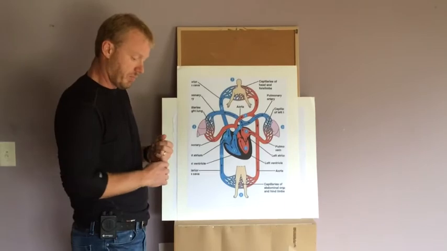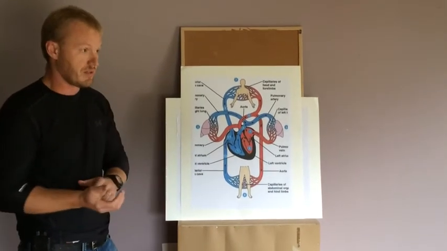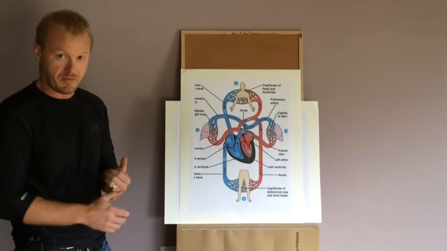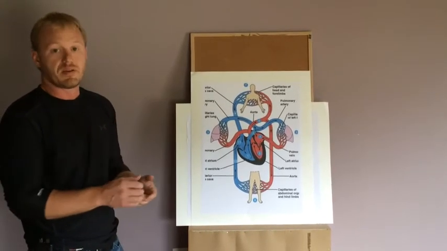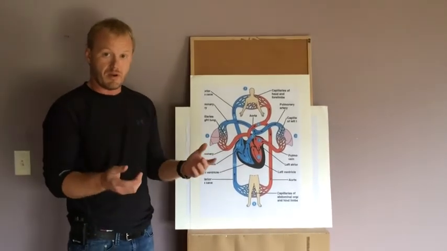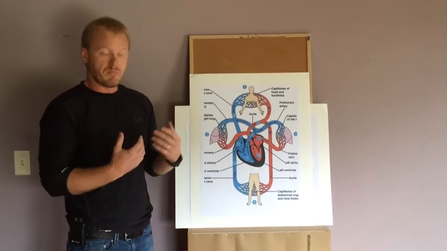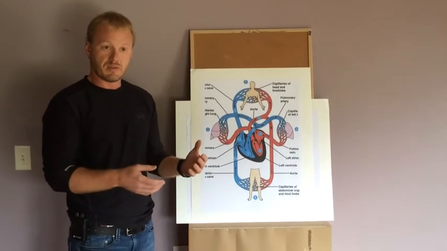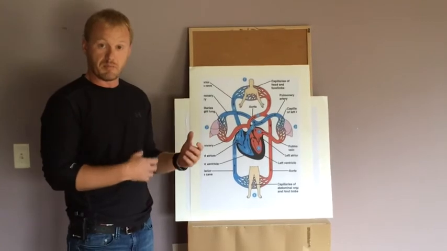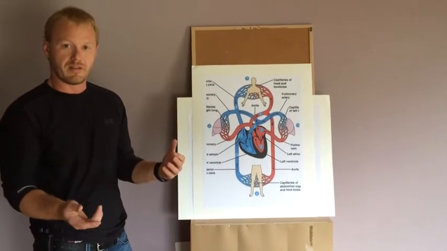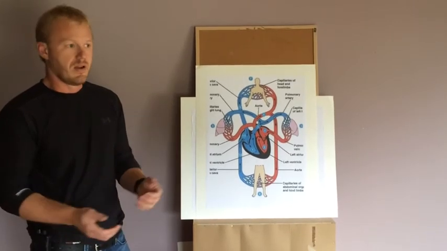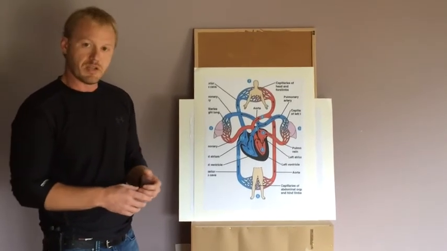The heart rate is controlled by the autonomic nervous system, which has three parts: the sympathetic nervous system, the parasympathetic nervous system, and the enteric system. Now, the sympathetic system will actually speed up the heart rate. It's done by sending impulses from the medulla oblongata to the heart. It's sometimes called the fight or flight nervous system because of this stimulation.